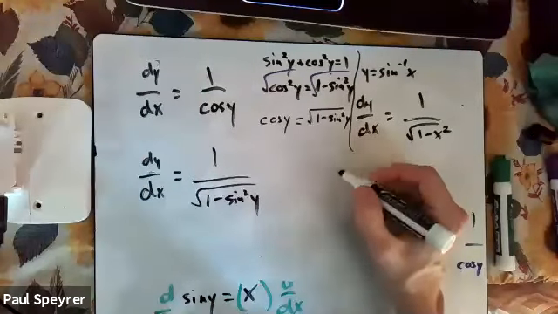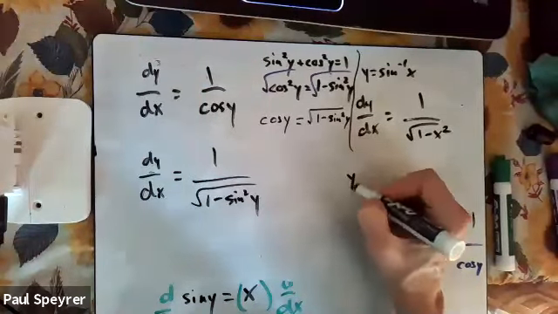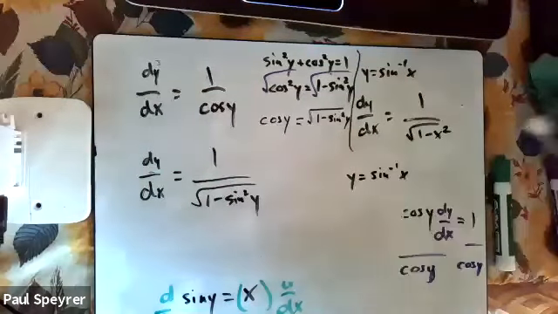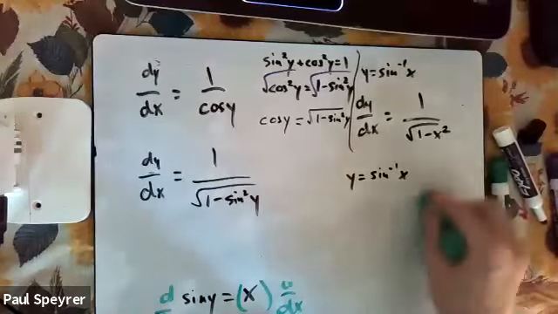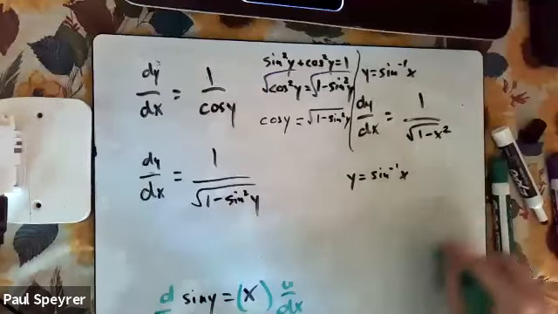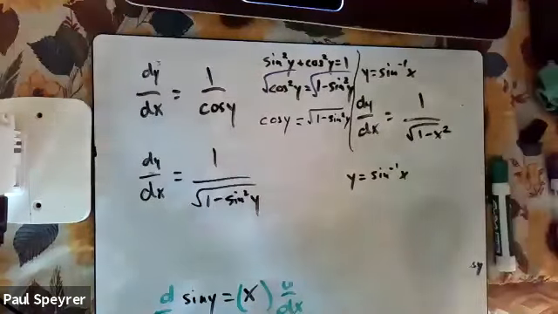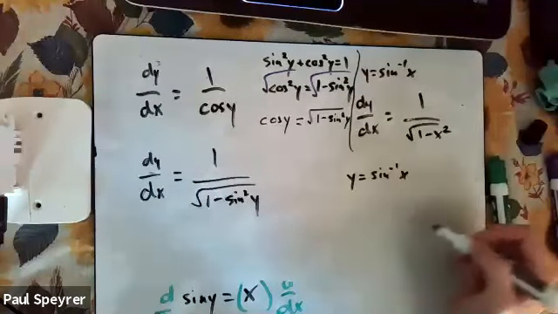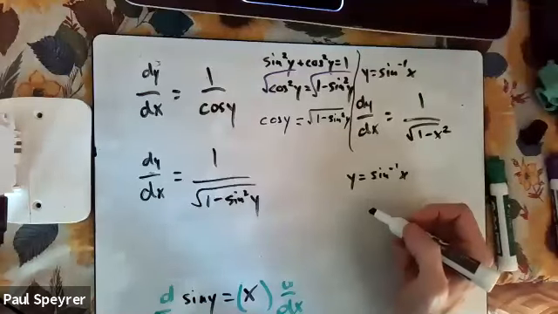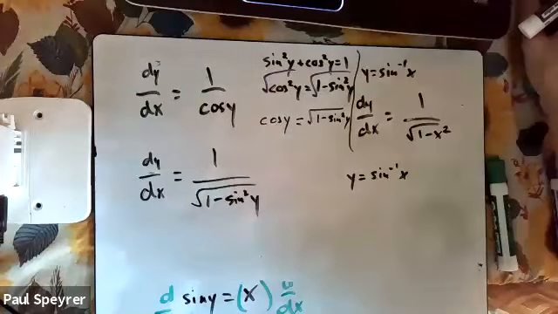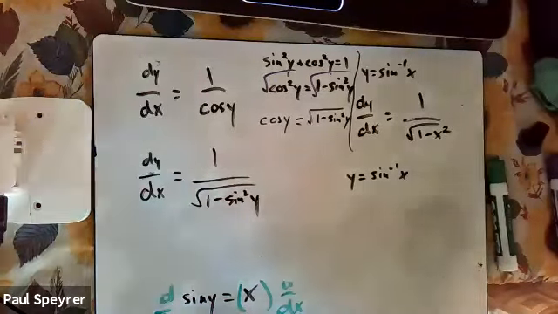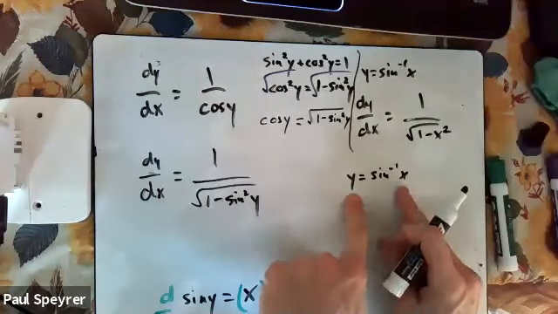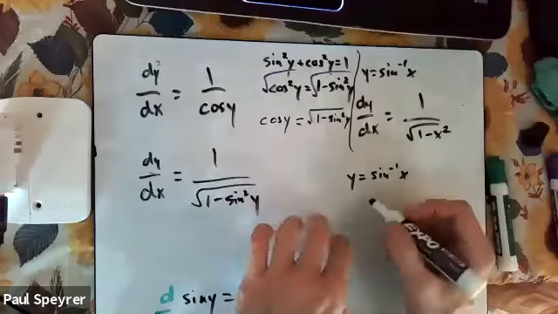Well, remember, we initially started with y equals arc sine of x, right? But then we took the sine of both sides. At this point, what did I do? We took the sine of both sides, right?